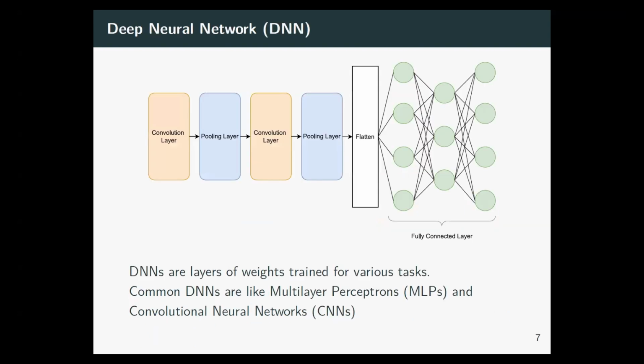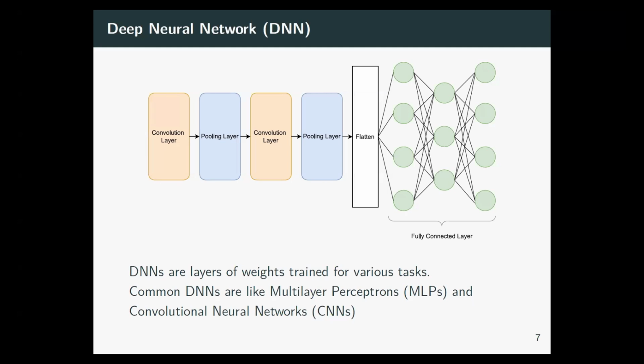Since 2015, 2016, there has been an introduction of deep neural networks into side channel analysis. And this gives us deep learning-based side channel analysis, DLSCA. So what are deep neural networks?